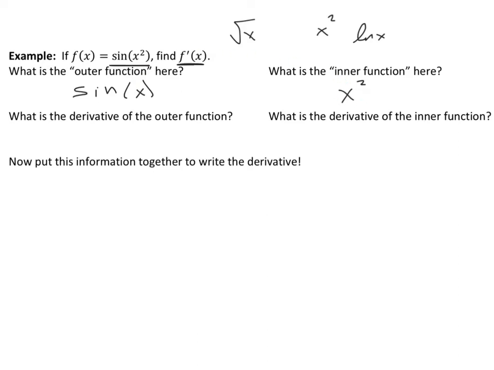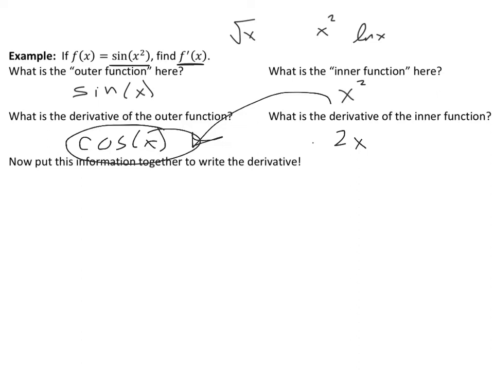Okay? Now the next step is for us to identify, okay, so what is the derivative of this outer function? Well, the derivative of sine is cosine, and the derivative of the inner function is 2x. Okay? Now, according to our chain rule, the chain rule tells us that we're supposed to take the derivative of the outer function with the inner function plugged into it, then multiply by the derivative of that inner function.